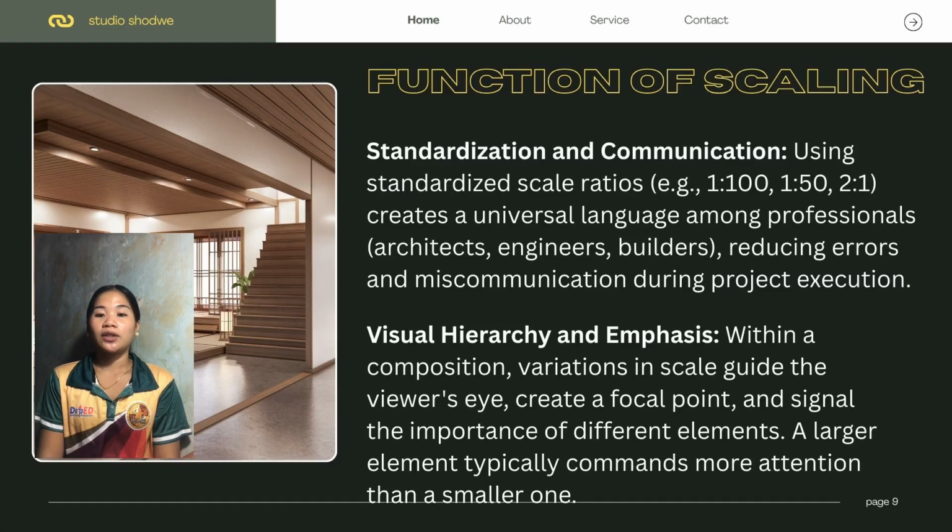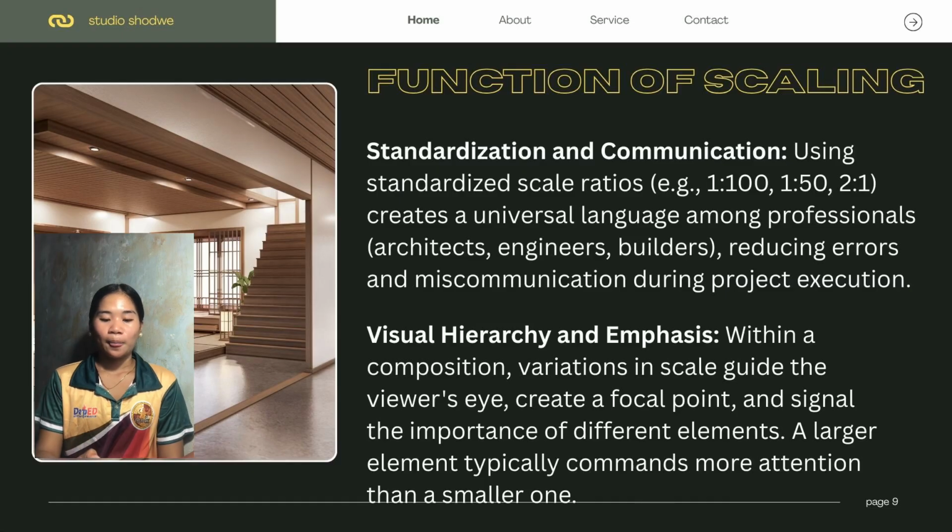So, using common scale ratios like 1 to 100 or 1 to 50 helps architects, engineers, and builders understand each other easily. It reduces mistakes because everyone uses the same drawing language.